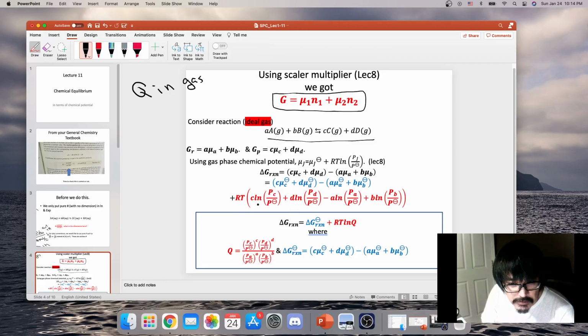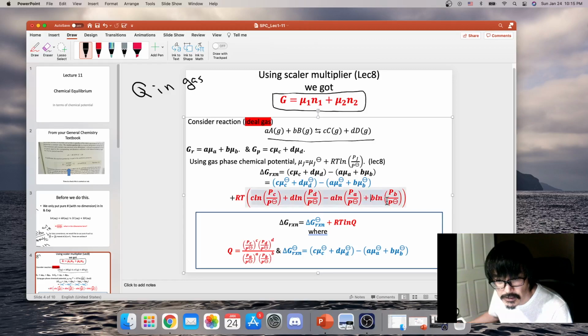And if you do a little bit of algebra with the natural log, then you get these things right here. If you have some multiple, then that's going to be the power here. And then each one of these, if you sum it, then it's a multiplication. If you subtract it, then it's a division. Let me just fix something where I found a mistake here.